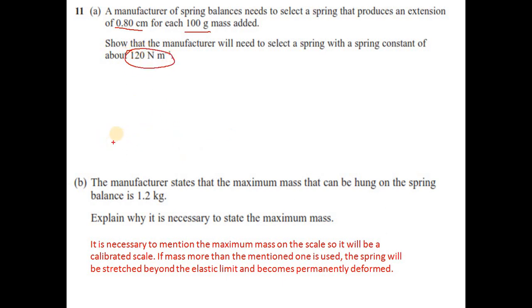So you know that F is equal to kx. This is Hooke's law, and in this case F, because this is a spring balance and you are hanging masses, is in fact weight. So W is equal to kx, and W is mg, equal to kx.